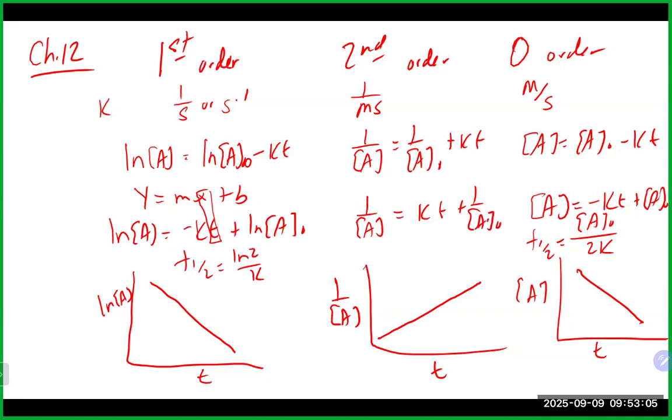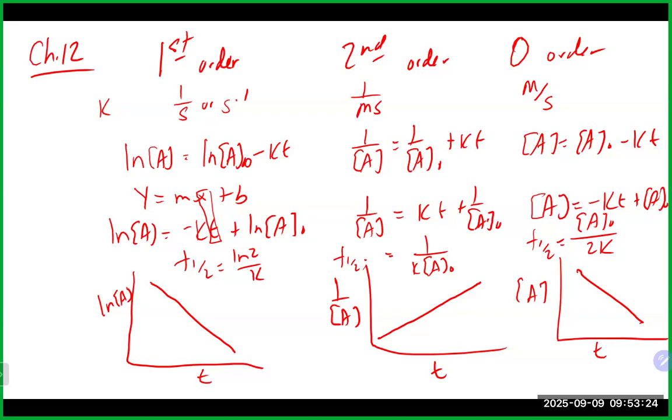And as we talked about last time, it is affected by the initial concentration, and 1 over the initial concentration times k will equal our half-life for second order.